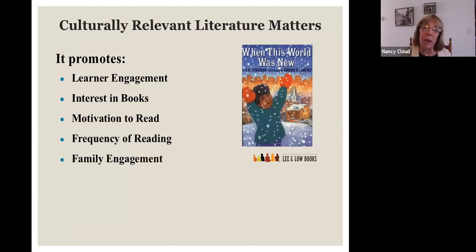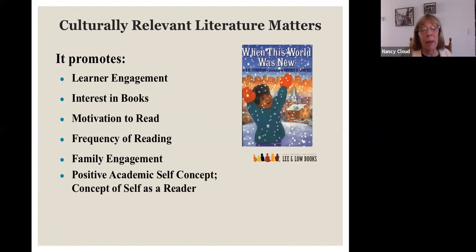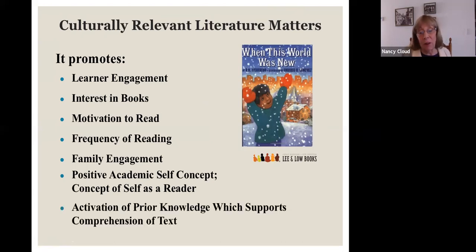Even if the book is in English, when they see those pictures, they start to tell stories like, look at this scene back here. This is not suburbia, right? And this, you know, we could make guesses about what we think might go on in the story, and we might get more engaged. And it also reinforces a positive academic self-concept, and it activates prior knowledge.